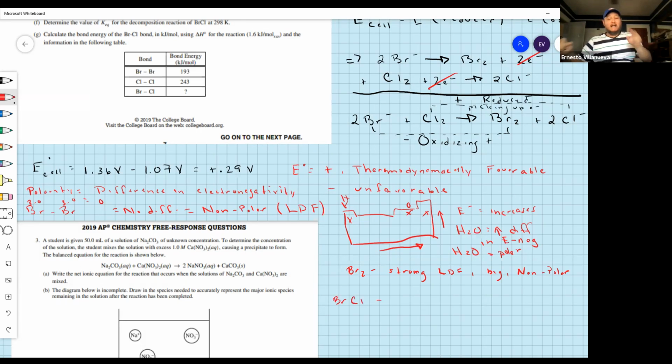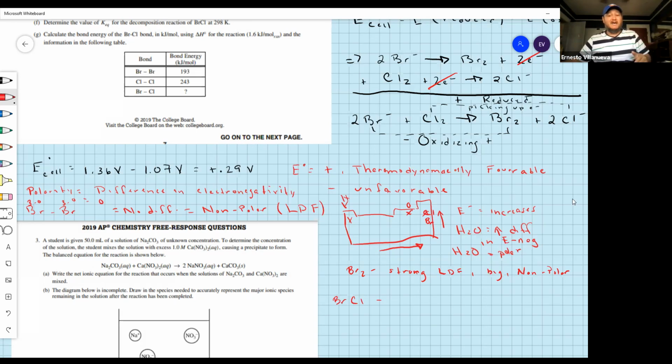Now, when you're talking about BrCl, it's going to have two types of forces. BrCl is still pretty non-polar, but not completely, because chlorine has a slightly stronger electronegativity. Chlorine is here and bromine is here, and electronegativity increases as you move up the periodic table within a group.